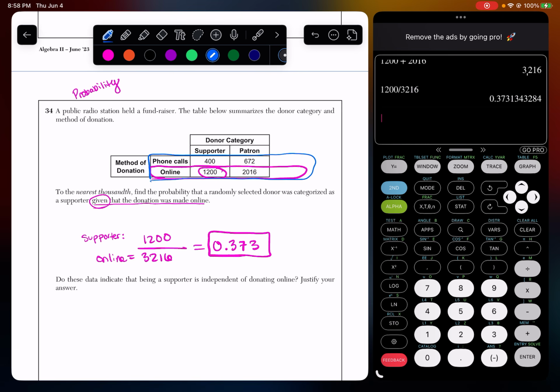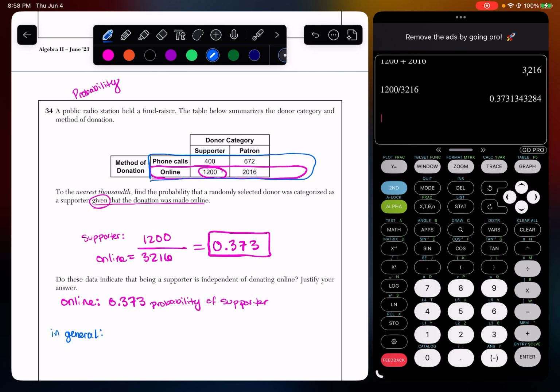So what we're going to do is online probability that you are a supporter. Now we're going to look at, in general, is that the same or is it not?